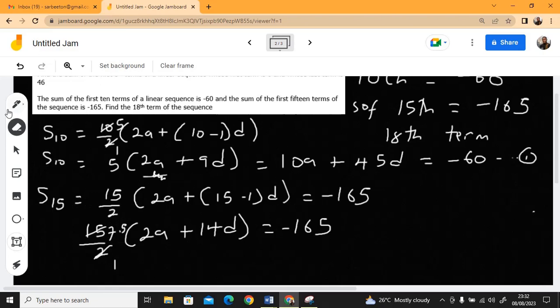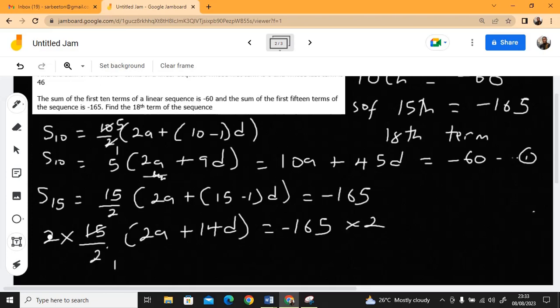So the best way I tell my students to do it is to multiply both sides by 2 to clear the fraction. So I'm going to multiply this side by 2 to clear this fraction, and this also by 2, both sides.